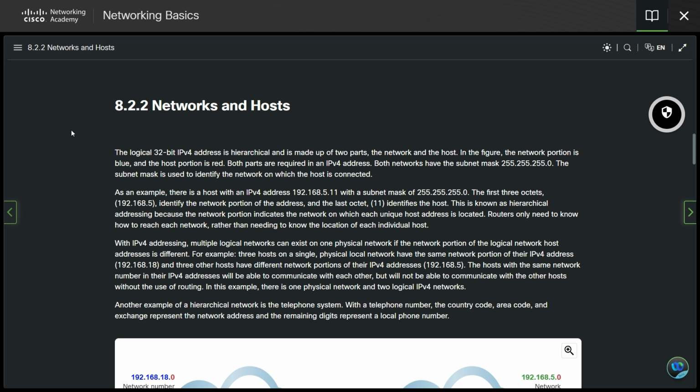Both parts are required in the IPv4 address. Both also have the subnet mask. The subnet mask is used to identify the network on which the host is connected.